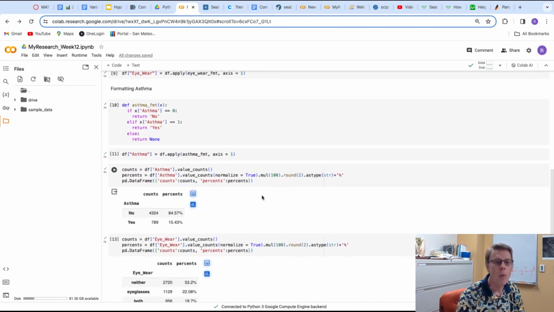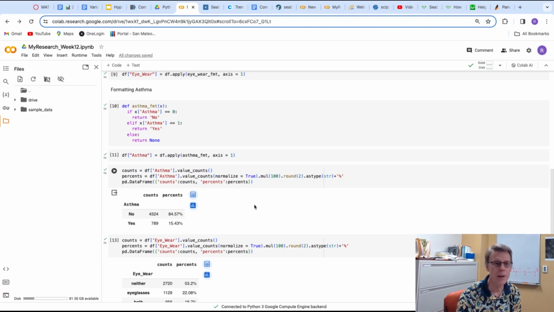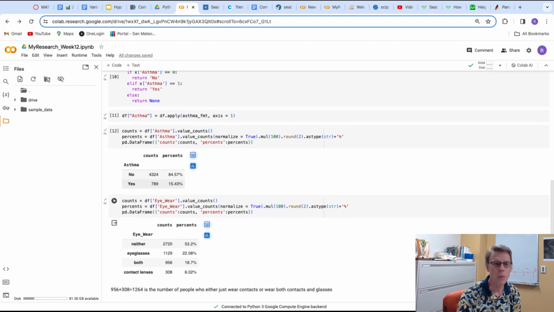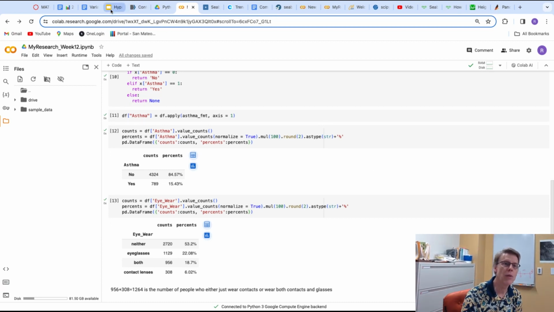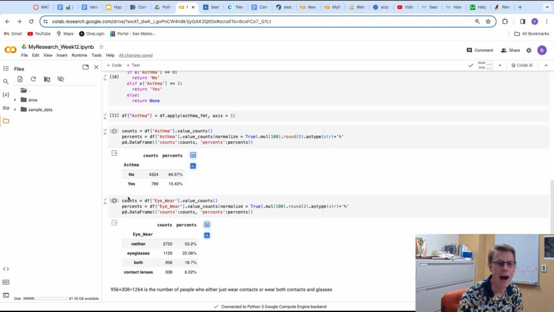But then what I wanted to do, and I kind of had to do it in order to do this week, is I needed to see what the counts were for each of my categories in my categorical variables. So this is super important because we're going to use our data here in Python as the sample. And so I'm going to go over to my slide right now to show you a little bit what I'm trying to do and how what I've done here will do that.